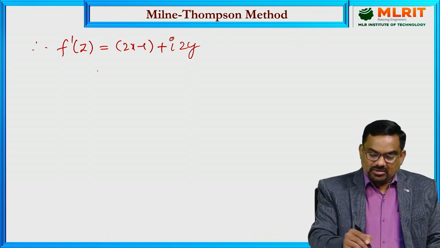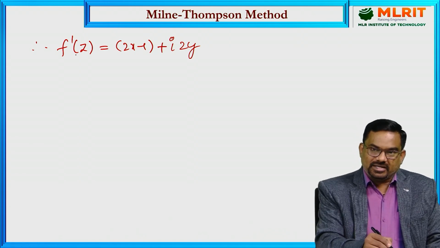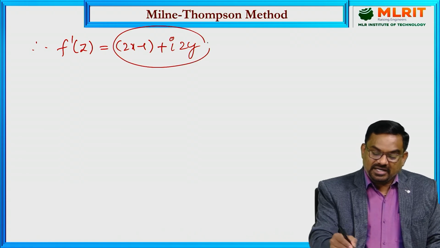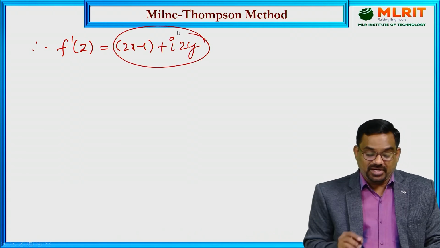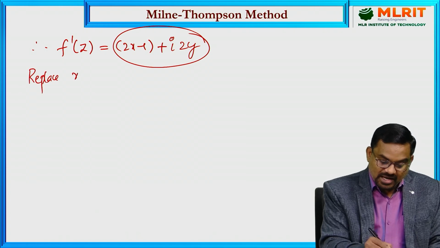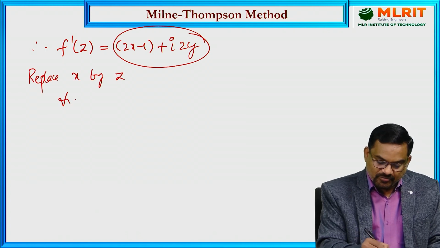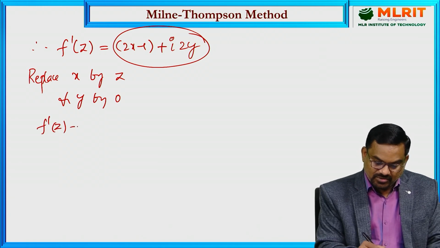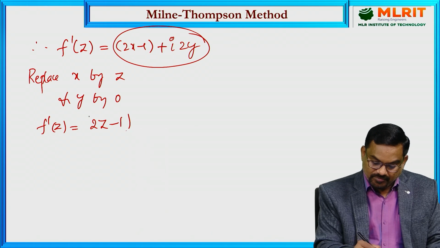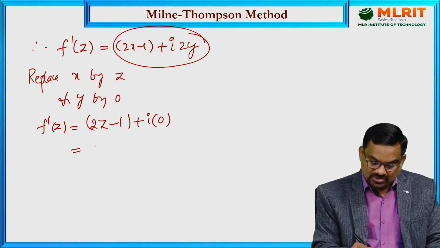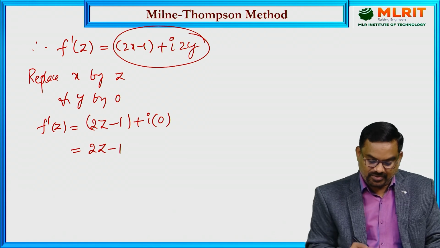Now to integrate on both sides, the right hand side function must be in terms of z. So let us replace x by z and y by 0. Then f dash z equals 2z minus 1 plus i into 0. So simply this is 2z minus 1.